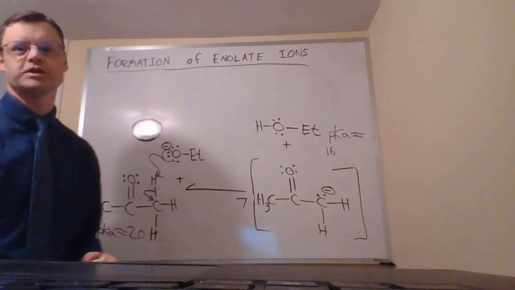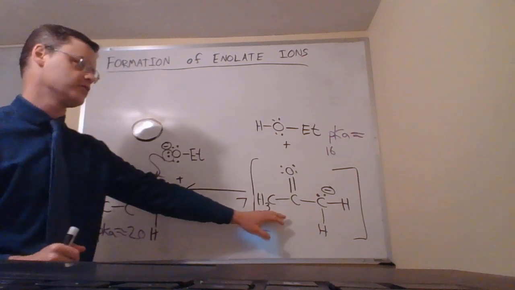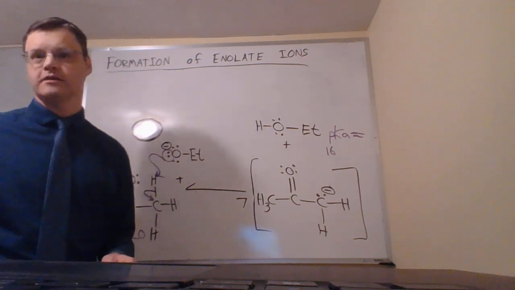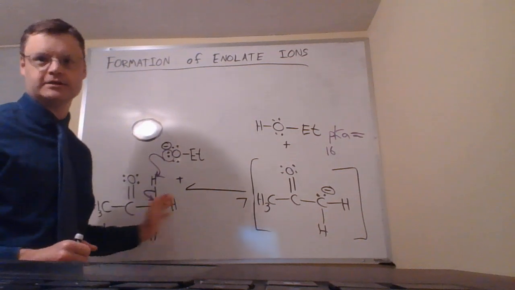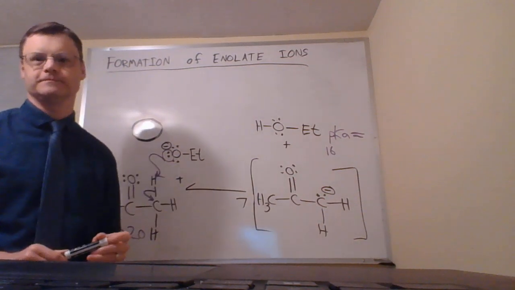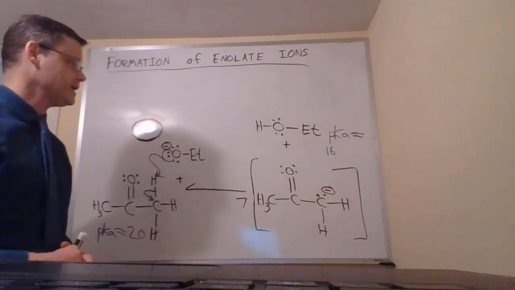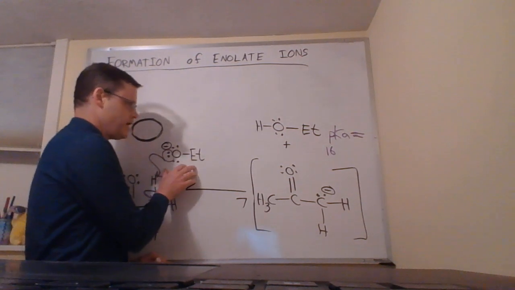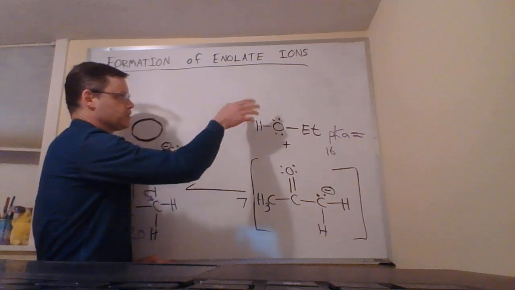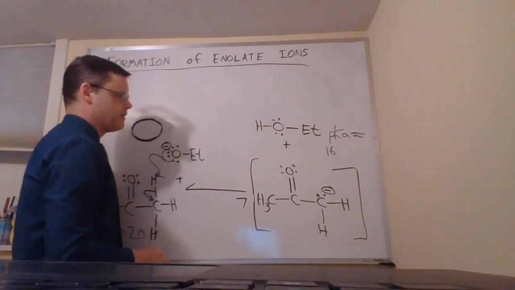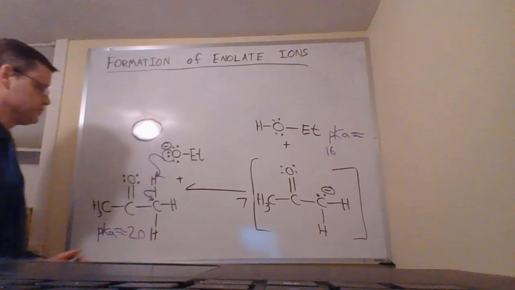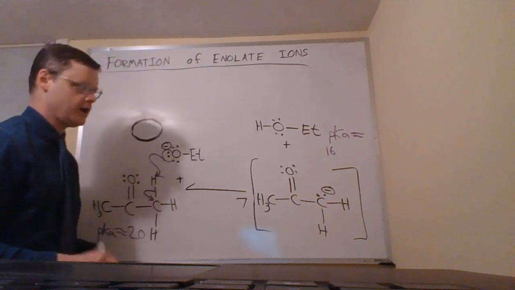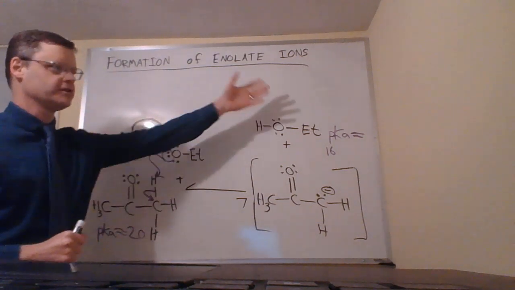So sometimes we can couple an unfavorable equilibrium with another step that's favorable, and it'll go in the forward direction. Now, however, there may be cases where our base will react with our electrophile more quickly than it will react with the ketone.